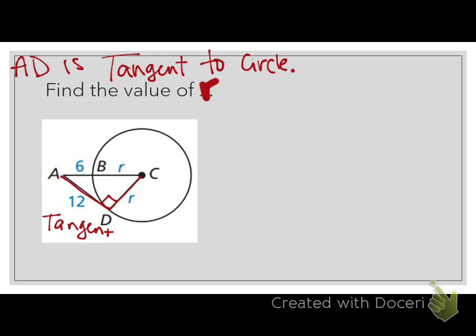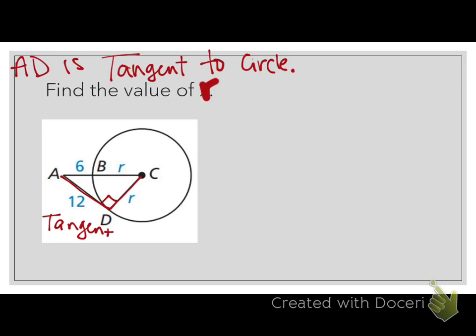Example 3 at the bottom. It says, is ST tangent to circle P? In order for a tangent line to be tangent, what does it have to be? Perpendicular to the radius. So what do we do to figure out if the tangent line is perpendicular to the radius? The Pythagorean theorem. A squared plus B squared equals C squared. If it does equal, then what is your answer? Yes. And if it said explain, what do you write down?